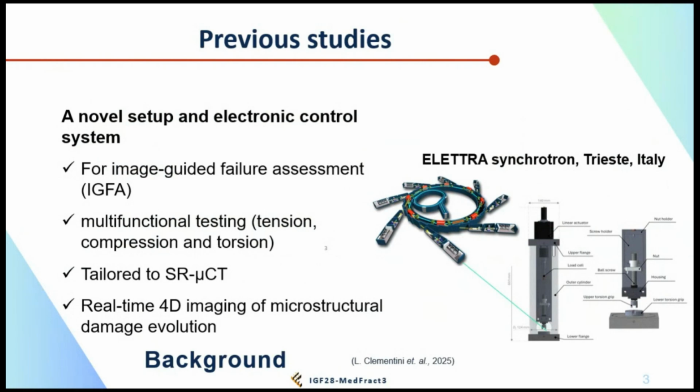This system enables us to do microtensions, microcompressions, and torsion tests under displacement and rotations with controlled angles. It can also produce real-time four-dimensional images of microstructural damage evolution under mechanical loadings.